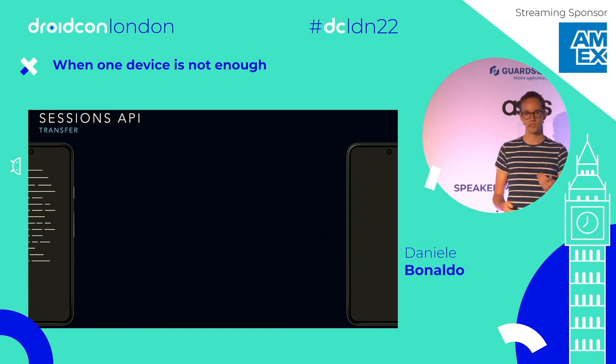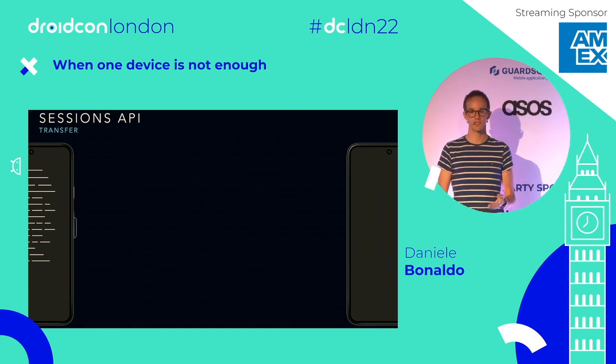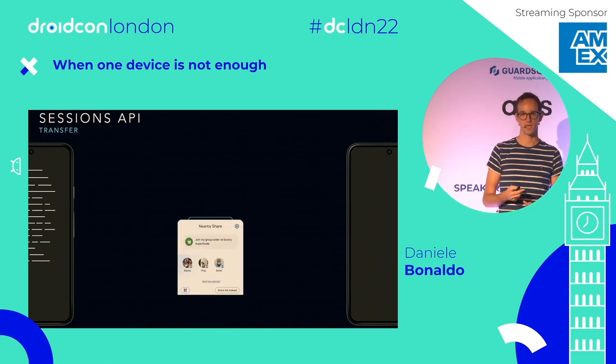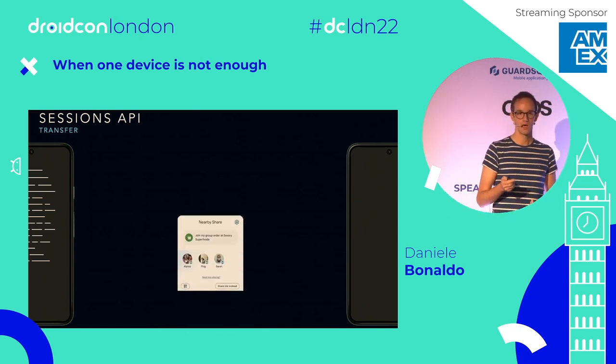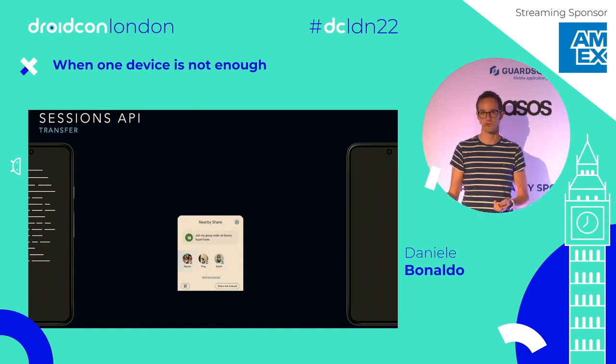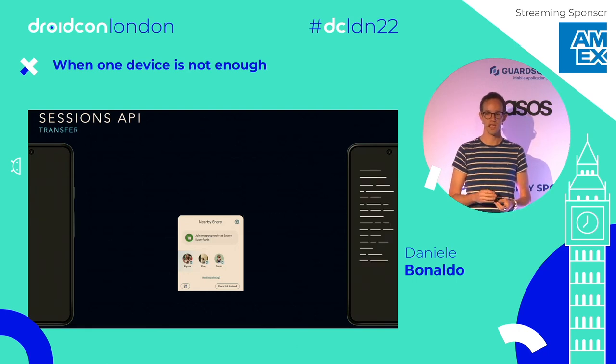In this case, your phone, your primary device, is going to create a session object, and it's going to trigger the device picker on the main device. Once the user selects on which device to continue, so where to transfer this session, the new device is going to receive the session, and then the user can continue from there.